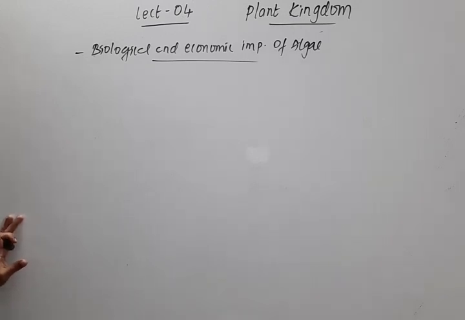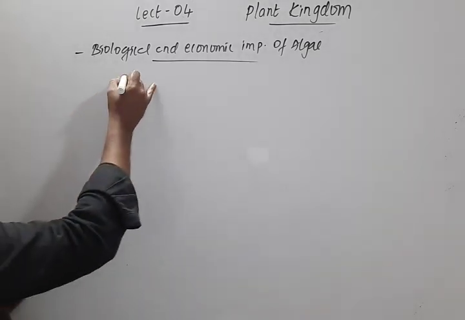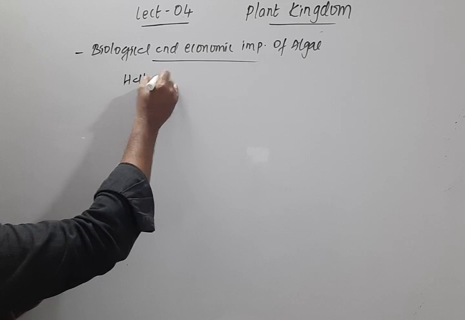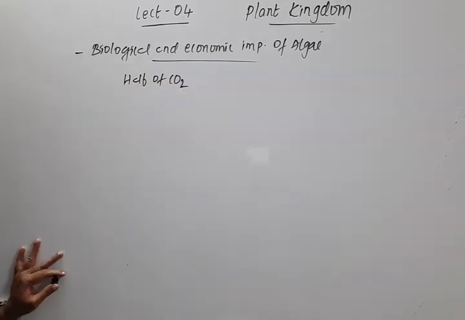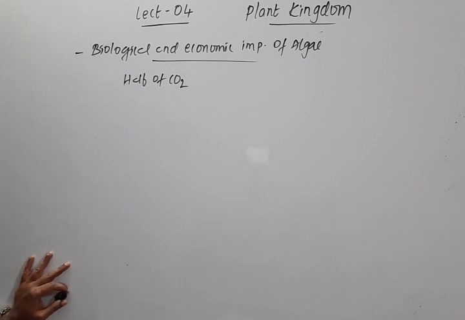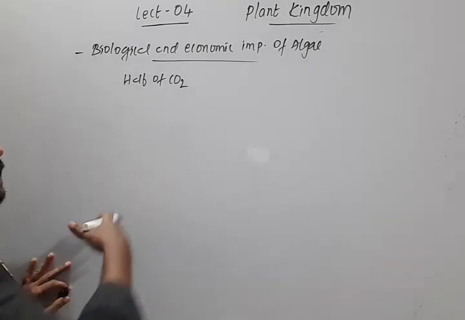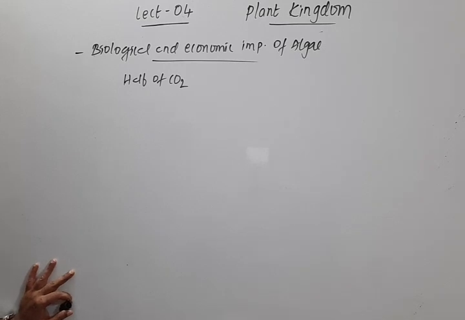So here half of the total carbon dioxide on earth is fixed by the algae in the process of photosynthesis. I hope you already know the meaning of carbon dioxide fixation.